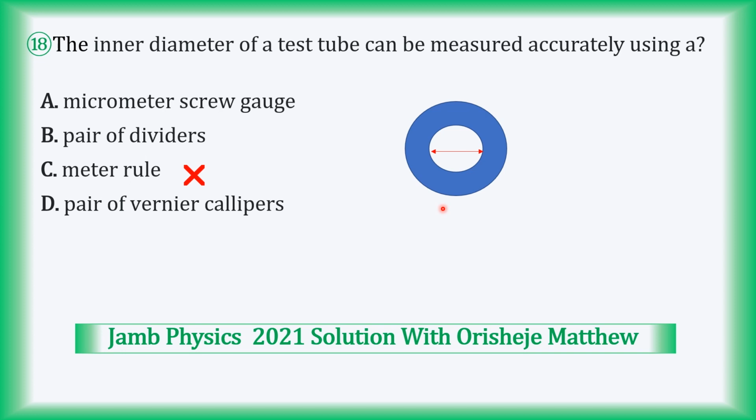You cannot use a ruler, you cannot use a micrometer screw gauge. The difference is between a pair of dividers, no, and a pair of vernier calipers. So the actual answer is the vernier caliper.